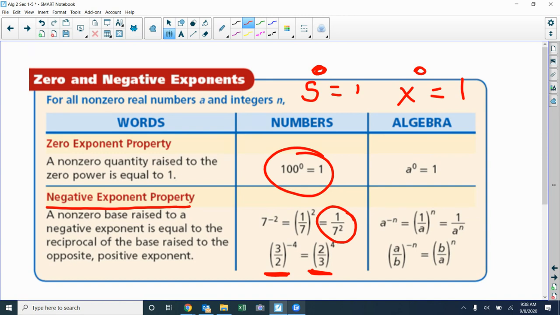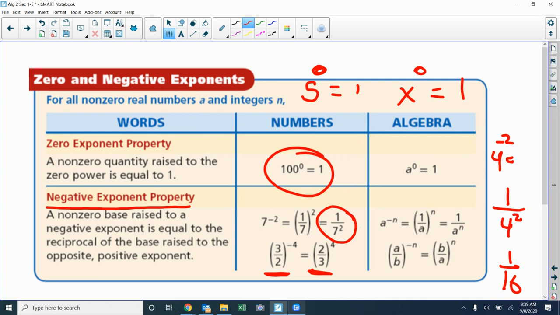So negative exponents, we can move. For example, if we had 4 to the negative second, it's really equal to 1 over 4 to the second, or in fact, 1 over 16.